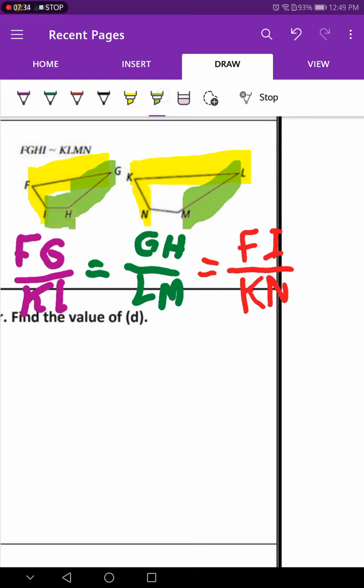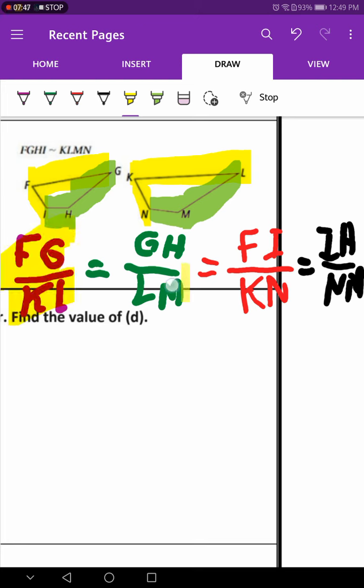IH corresponding with NM. So we have 4 corresponding sides, and the ratios are equal. If you divide the length of FG by the length of KL, you get the same amount as if you divide GH over LM, or FI over KN, or IH over NM.